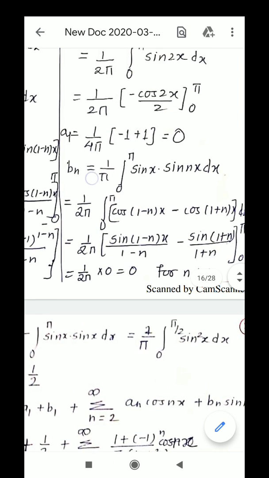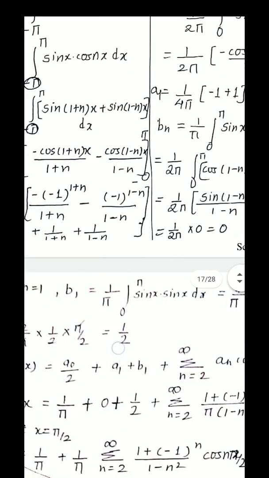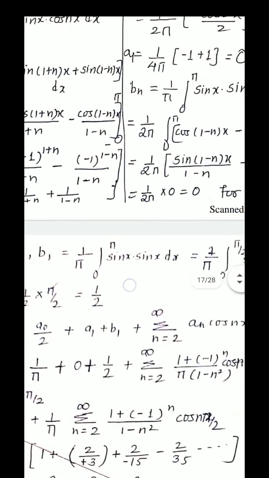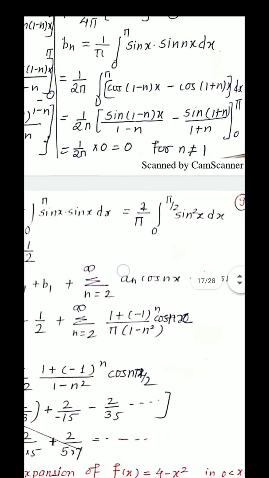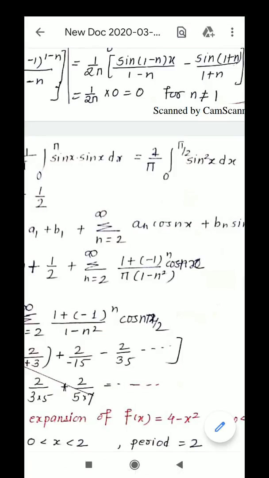How do we find b1? In this bn, put n equal to 1. So b1 can be written as 1 by pi, 0 to pi, sin x into sin x dx. Sin x into sin x is sin square x. So the next step is 1 by pi, 0 to pi sin square x dx, and we know that if the power of sin is even, then we can write, using the conversion formula, 2 times 0 to pi by 2 sin square x dx.